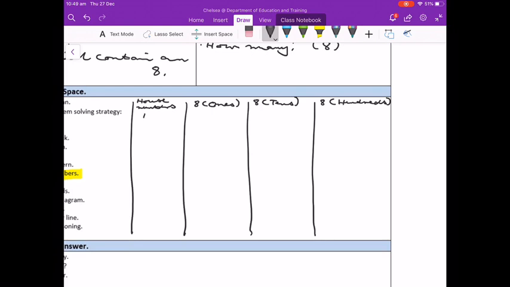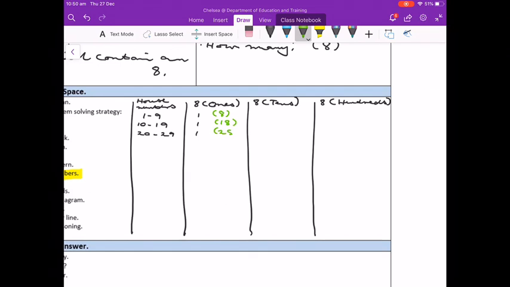So let's look at the house numbers 1 to 9. We know we're going to have 1, and that's going to be an 8. We know from 10 to 19, we're going to have another 1, and that's going to be 18. From 20 to 29, there will be 1.